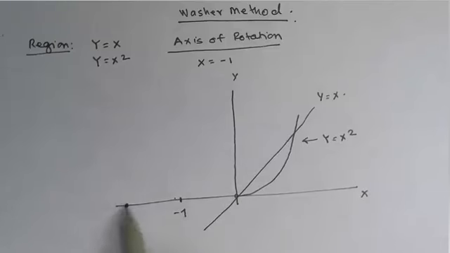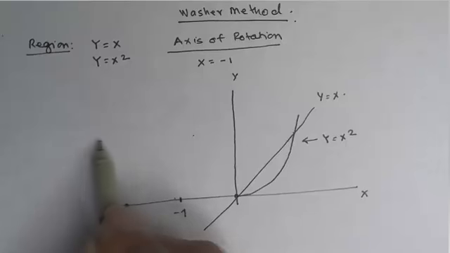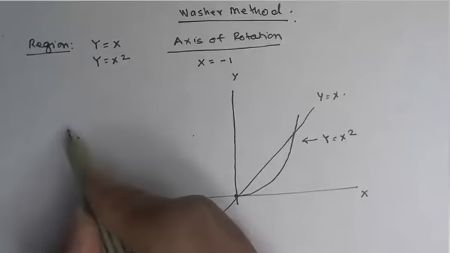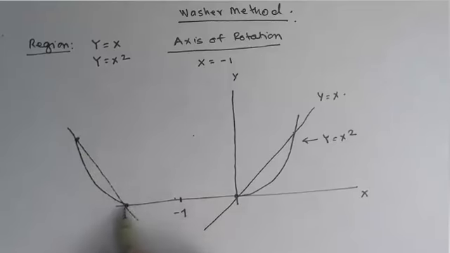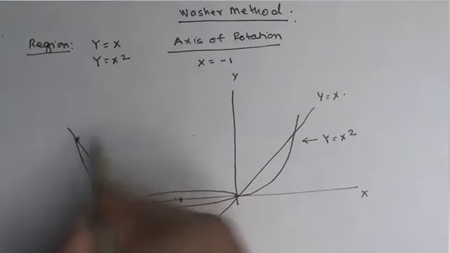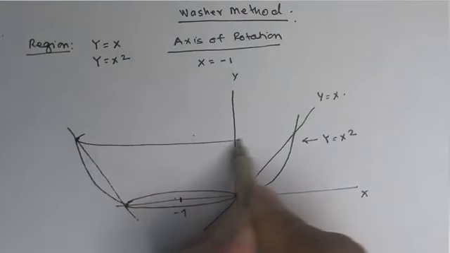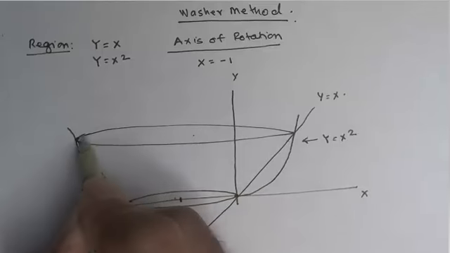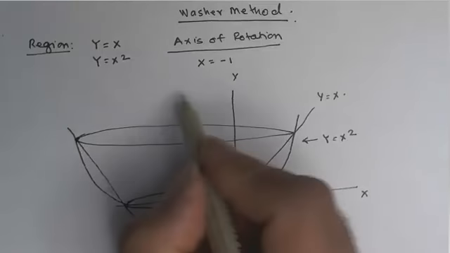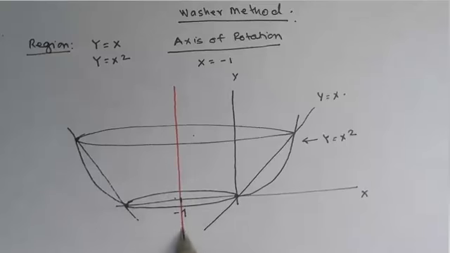So this point goes here, that point goes about there. And that's the axis of rotation. So that's the volume. It's basically this quadratic bowl with a conical hole through it.